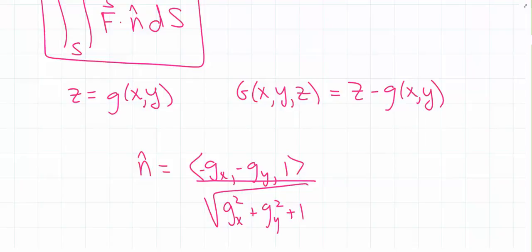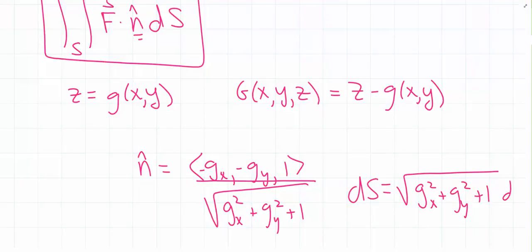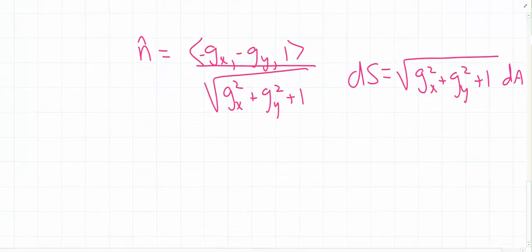Okay. Now, that's the n part. As far as the dS goes, remember, dS is the square root of gx squared plus gy squared plus 1 dA. Okay, so that's the dS. Now, we can put all this together, and look what we get.